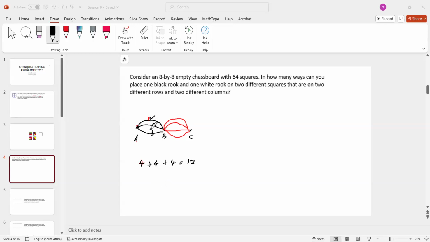But the first road can be chosen in 3 ways. So the total number is 3 times 4. That is how you get 12. Because for the first, there are 3 ways of doing it, and for each choice of this, there are 4 ways of choosing the second one. So therefore, you have to multiply these two, as we have seen, to get the final answer.